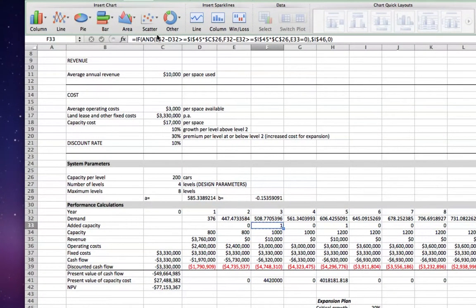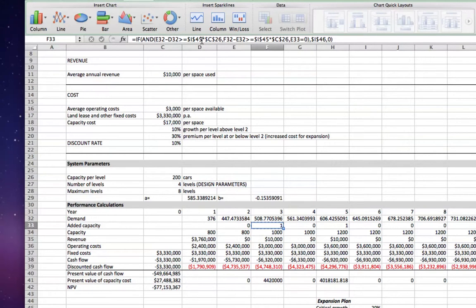So this formula says if E32, which is the demand in year 2 minus the demand in year 1, is greater than the critical growth times the capacity, so it's 20% times 200.